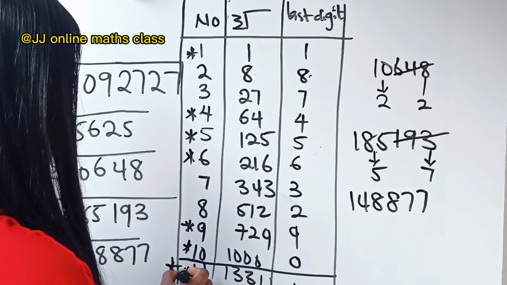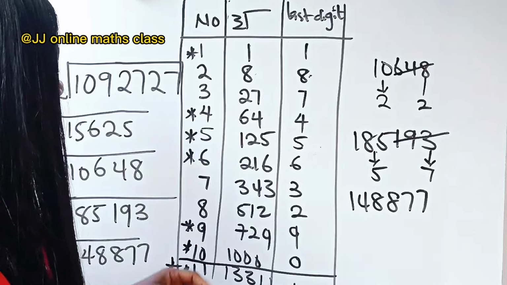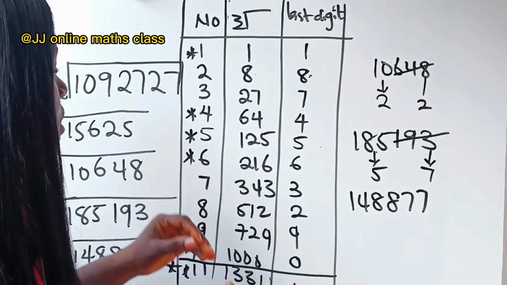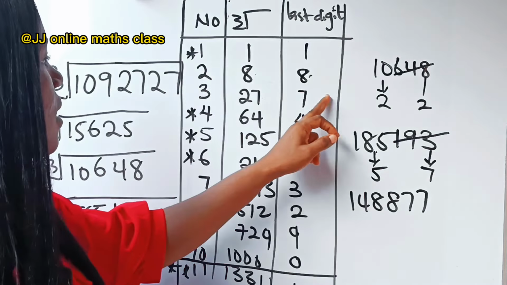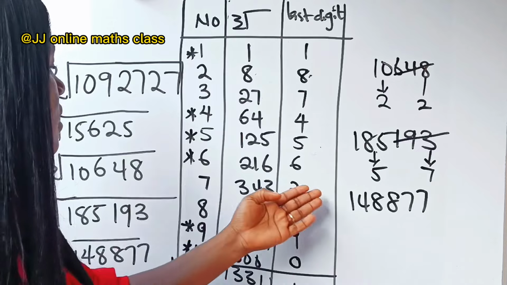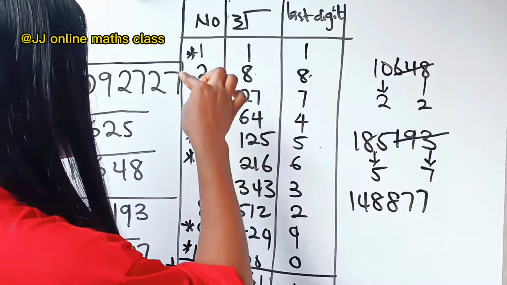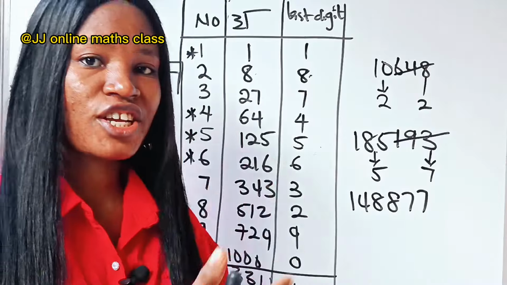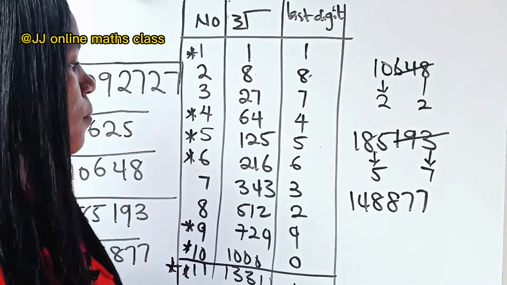Okay, the last digit of 11 is 1. So your 8 and 7, you just need to memorize those ones. The last digit of 2 is 8, the last digit of 3 is 7, the last digit of 7 is 3, the last digit of 8 is 2. Notice that they interchanged. 2 and 3, 7 and 8 interchanged their last digits. Do you understand?